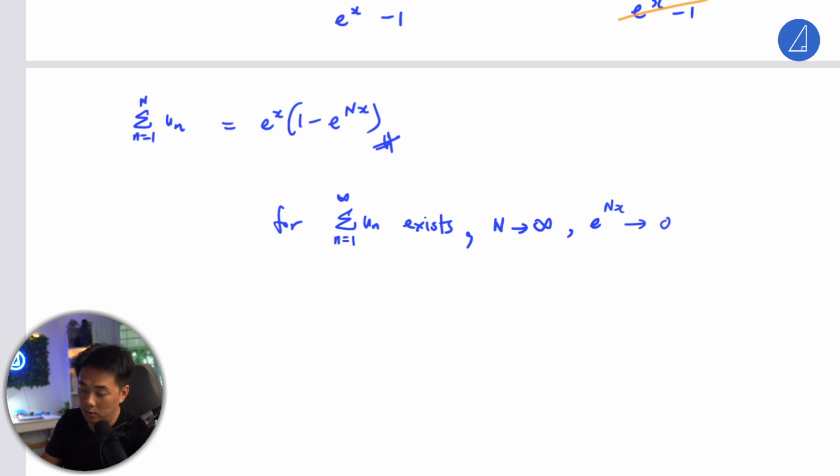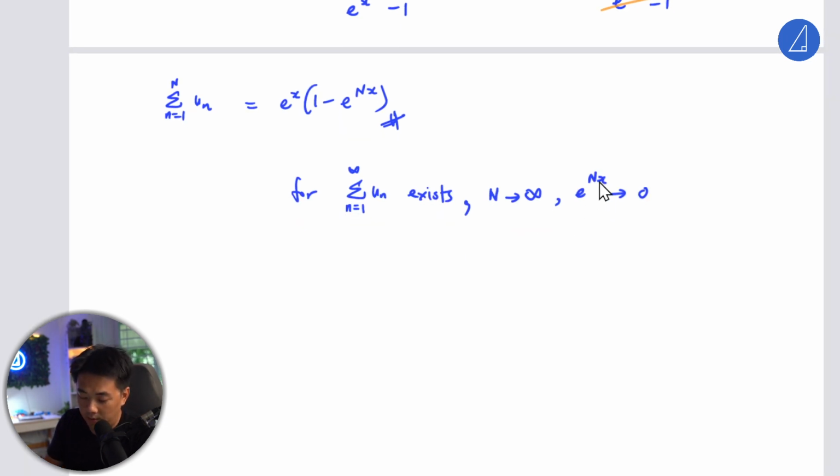For this to go to 0, the power has to be negative, because e to the power of negative 1 million will actually go to 0, but if it's positive, then it's not.